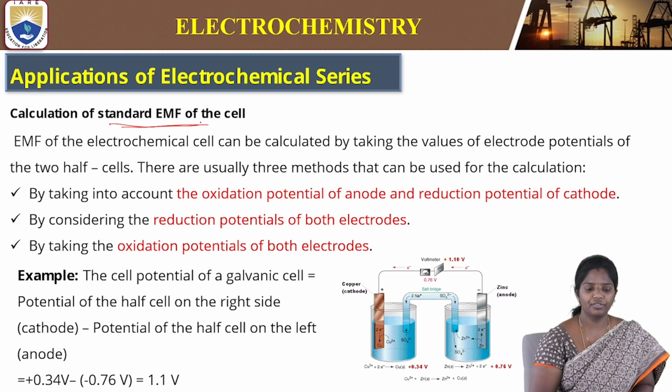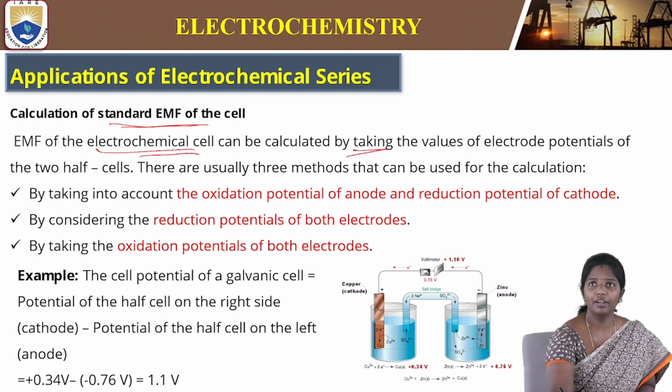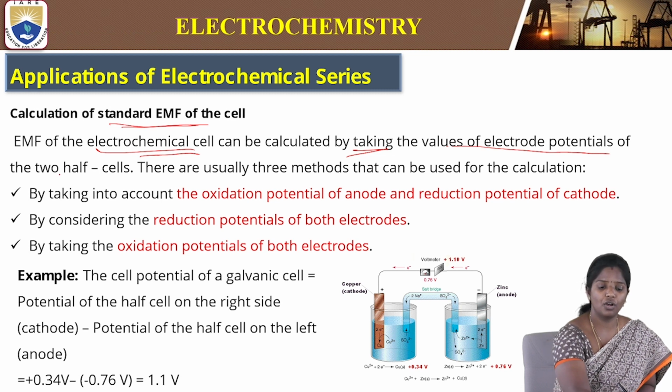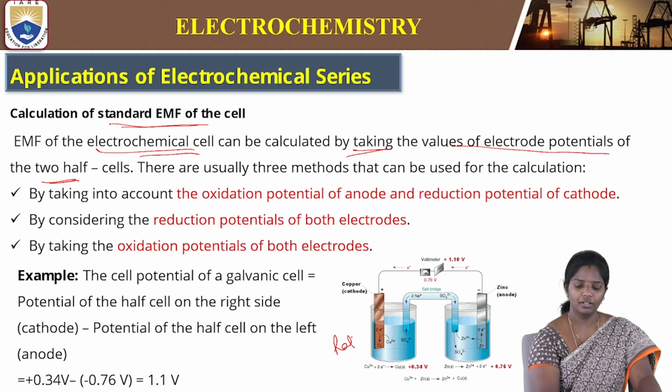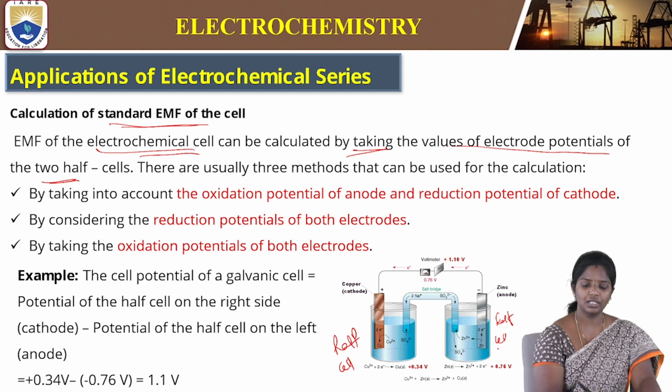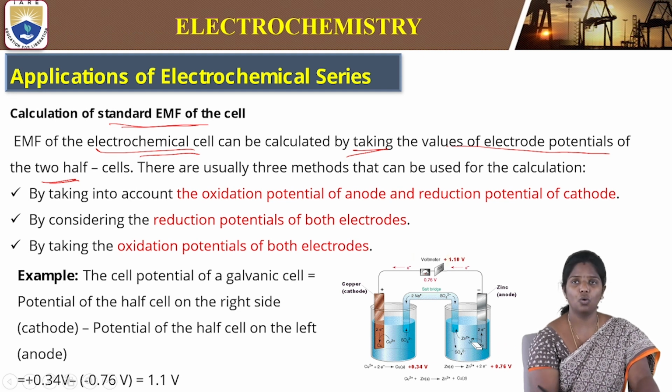The electromotive force of any cell can be calculated by taking the values of the electrode potentials of two half cells. So this is one half cell for a galvanic cell, and this is another half cell. Considering the potentials of these half cells, we can calculate the EMF of the whole cell.